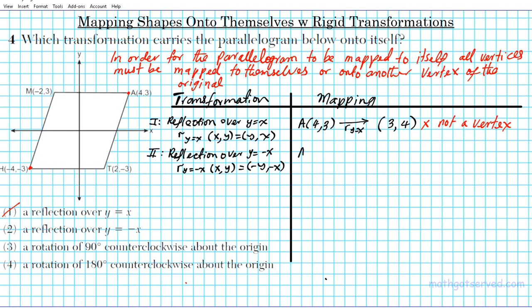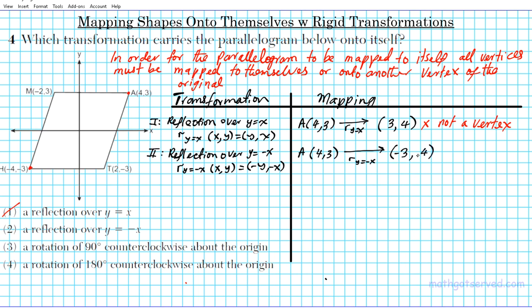Let's apply this transformation to point A again, 4, 3. If we apply the reflection about the line y equals negative x, the coordinates will switch to, oopsie, not 4, 3. It's not only going to interchange the coordinates, but it's going to negate them also, the opposite of the interchange.